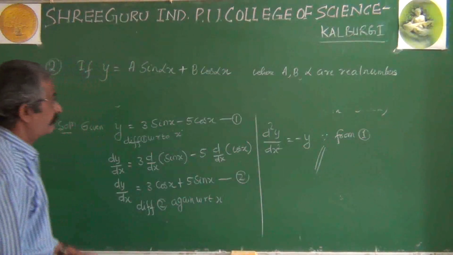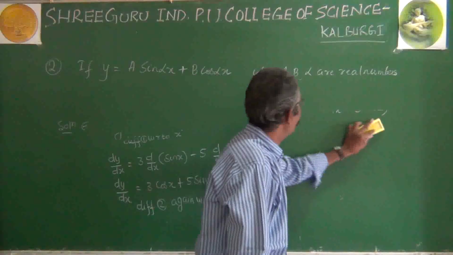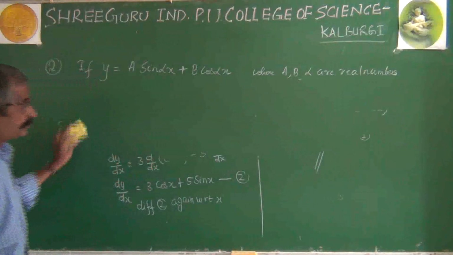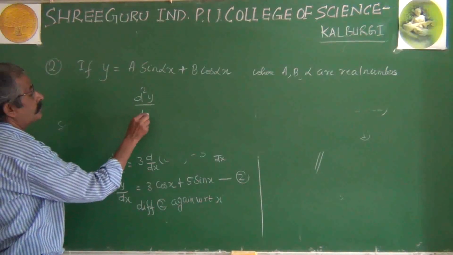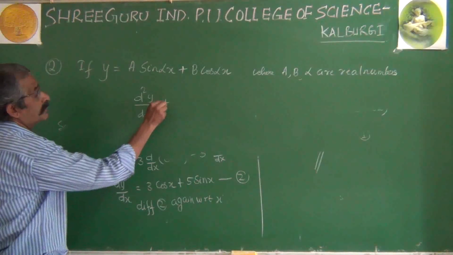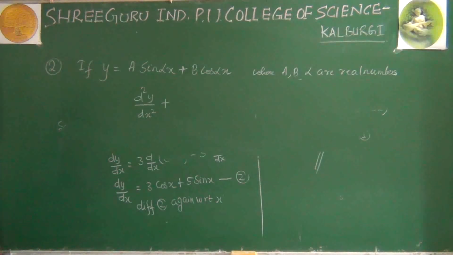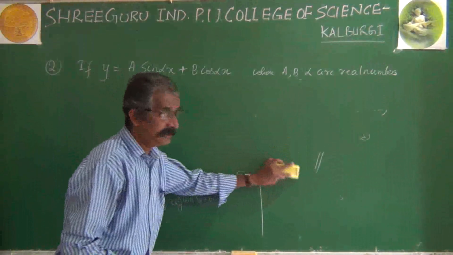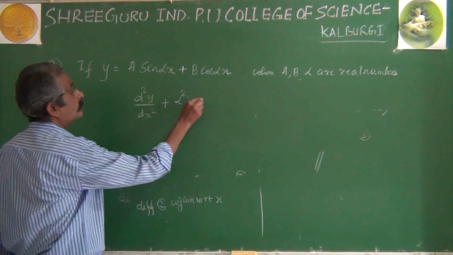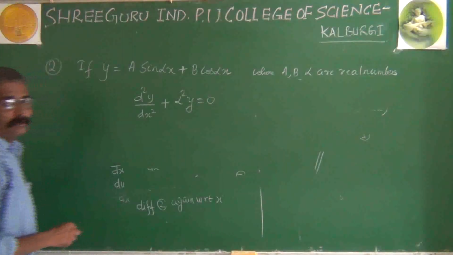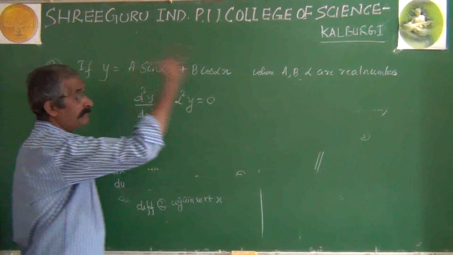Then show that d2y by dx2 plus alpha square y equals 0, or it may be given as equal to minus of alpha square y.